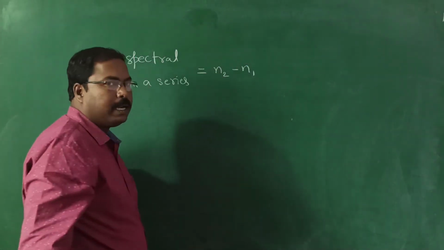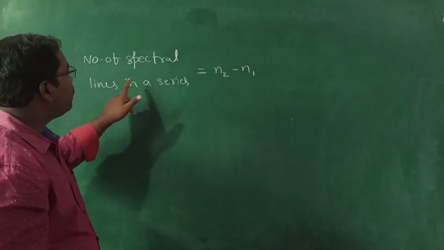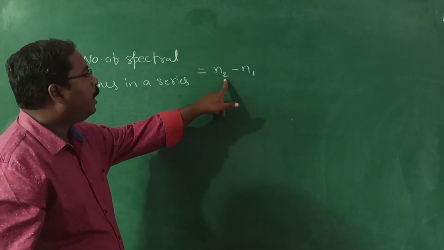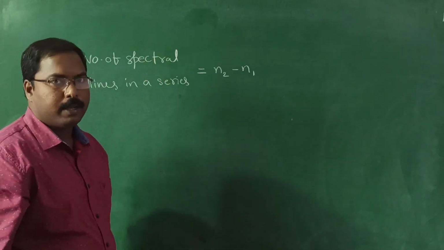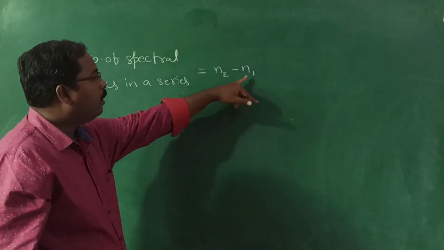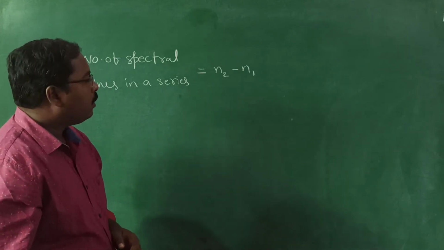Remember the formula to calculate the number of spectral lines in a particular series: it is n2 minus n1. Here n2 means the higher energy level, and n1 means the lower energy level. Okay, got it?